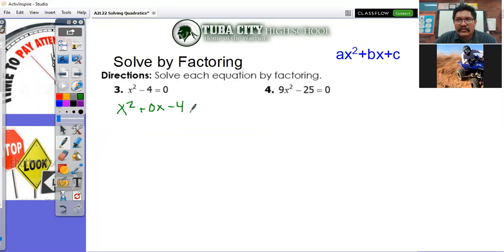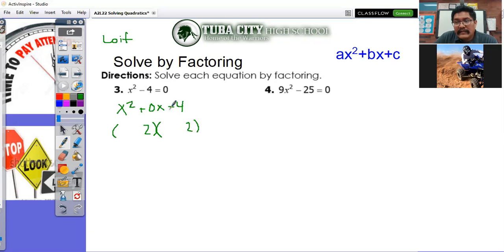Now, if you don't remember the shortcut, you can always expand it out, writing all of the terms. In this case, I just replaced b with a 0. All right, now we can bring up our formula. I need 2 numbers that multiply to -4.